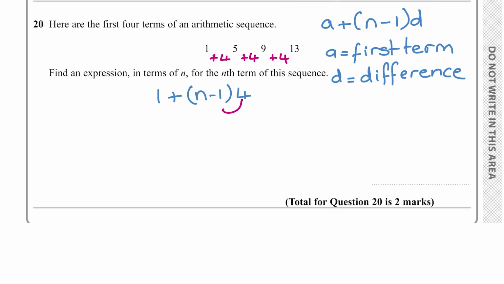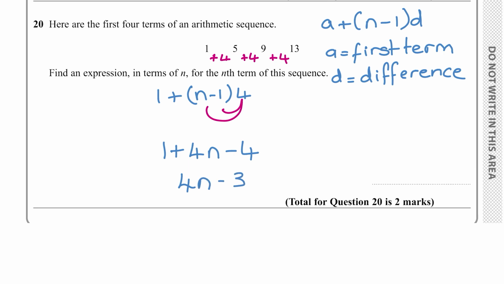So 4 multiplied by 1 and 4 multiplied by n. So write the 1, nothing's happened with that. We do the 4 multiplied by n first. That will give you 4n. Then 4 multiplied by negative 1 is negative 4. Collect our like terms. So we've got 1. That's a positive 1, minus 4, so that would give us negative 3. So that becomes 4n minus 3.